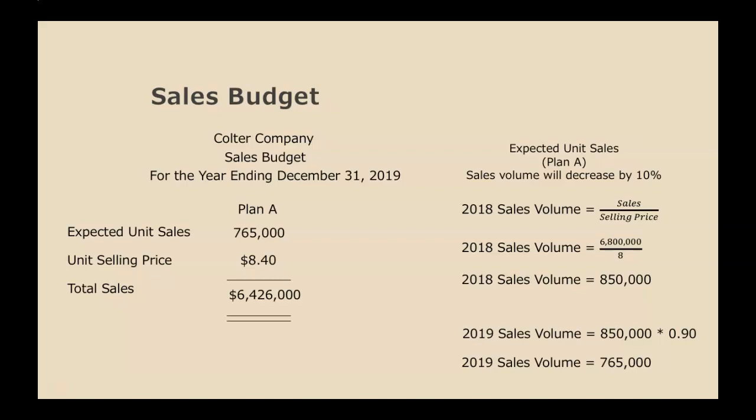We multiply our expected unit sales by our unit selling price, and we get our total sales there of $6,426,000. So you'll notice that's actually less than what our sales were in 2018. Right, our sales in 2018 were 6.8 million. So we'll just keep that in mind as we're going through here. We still definitely don't have enough information to make that decision quite yet.